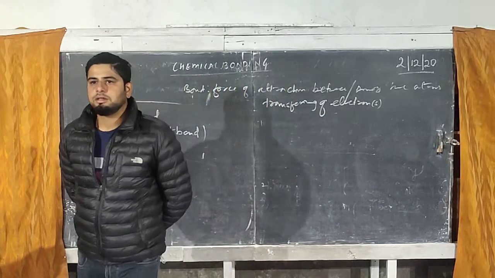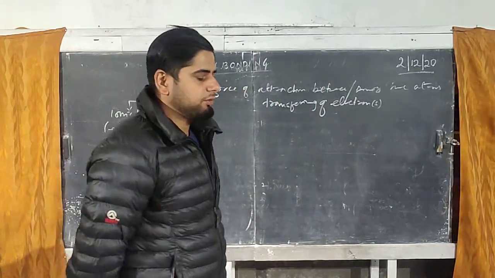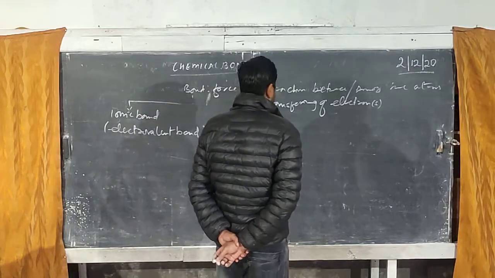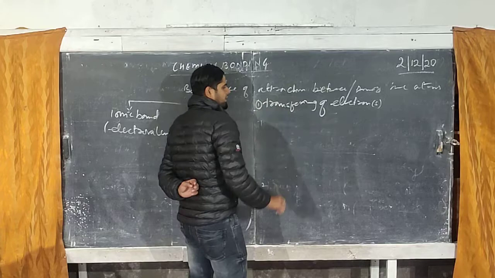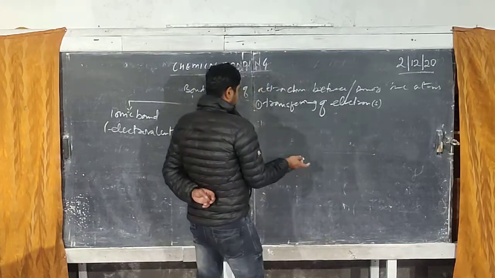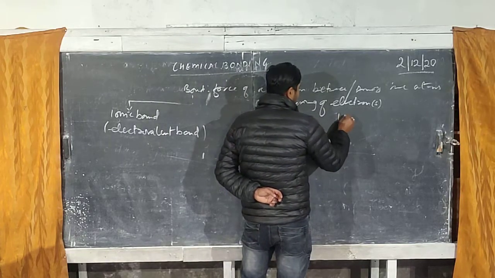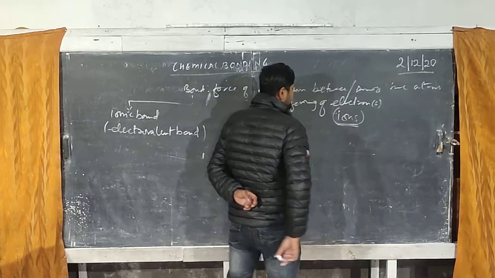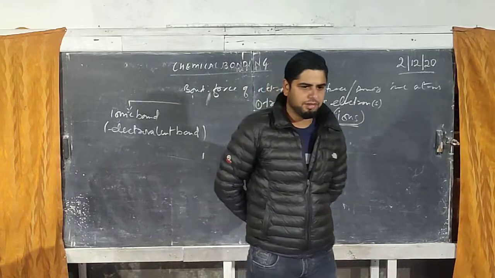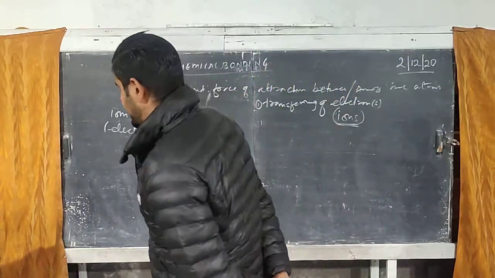So if there is a transfer of electron from one atom to another atom, there is a formation of ions. Number one, transferring of electron. After transferring of electron, there is a formation of what? Ions. Remember this. So in an electrovalent compound there are ions. Electrovalent compounds are formed by ions.